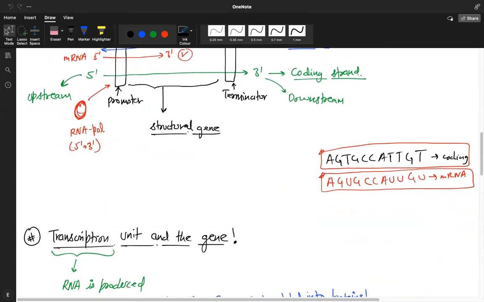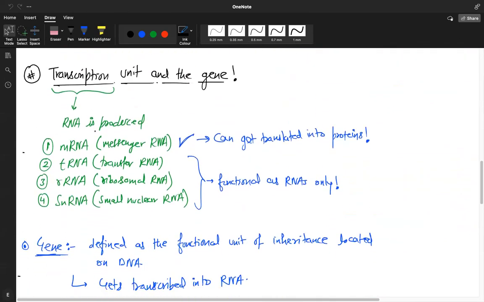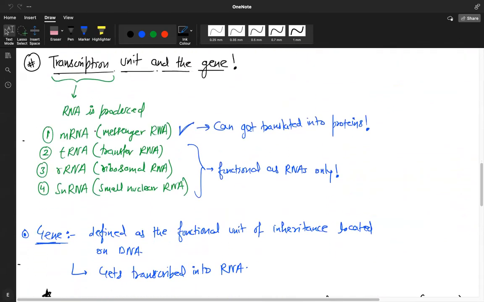Okay, continue. So there are four different types of RNA, that is mRNA, tRNA, rRNA, and snRNA. Okay, what do we understand from these different types of RNA? After knowing that there are multiple types of RNA, what was the complexity that generated?